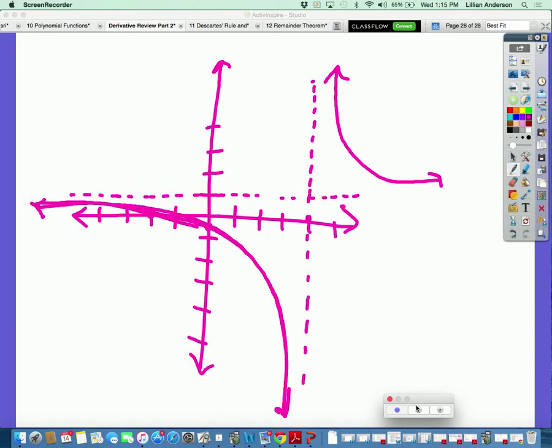When you're given a graph of a function, not the equation itself, whenever there's a max or a min, there is an x-intercept for the derivative.